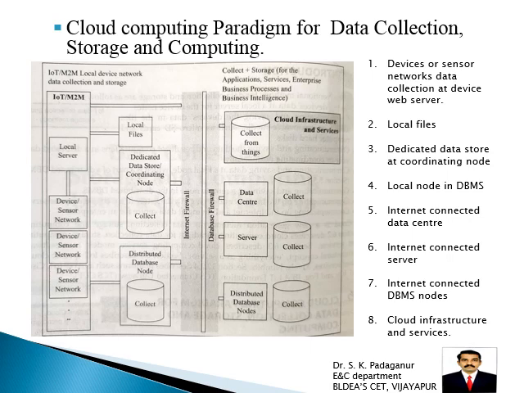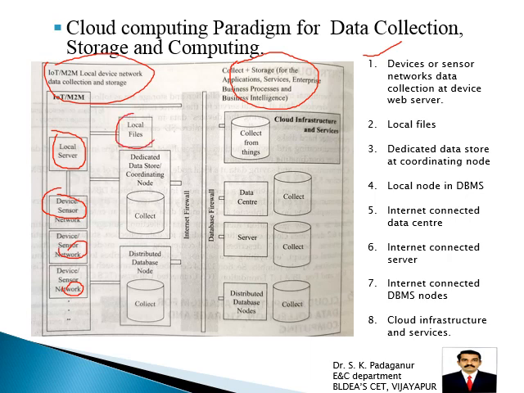From the figure, there are two things to discuss. On the left side is the IoT architecture, and on the right side is our server. First, it shows devices or sensor networks' data collection at a device web server. See, sensor network 1, sensor network 2, sensor network 3, and we have a local server which is connected to the IoT architecture.